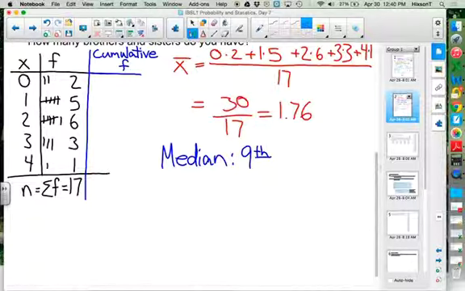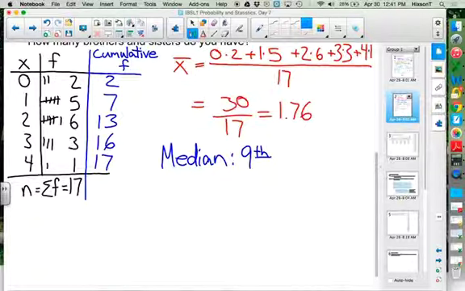So there are 2 with 0. How many have 1 or fewer? 7. We would just add the 5 to it. How many of you had 2 or fewer? 13. Okay? And then we add the 3, so we have 16. And your last number should be the total, the 17. If it didn't, then you added wrong somewhere. Okay?